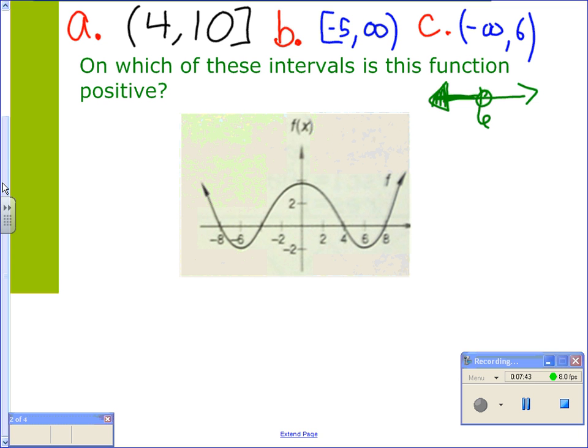No, you wouldn't use absolute values. What, Matthew? It's a quartic, but that doesn't matter. We don't care what the function is. We're just trying to look at the graph and figure out where it would be positive. So you don't think it's negative all over here and positive over here? Okay.